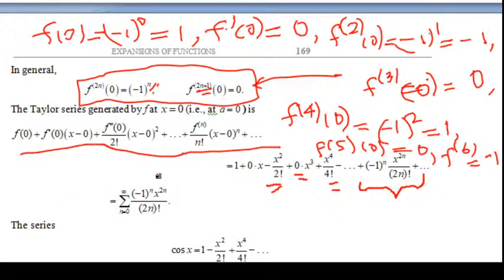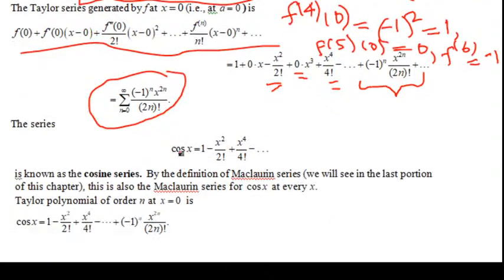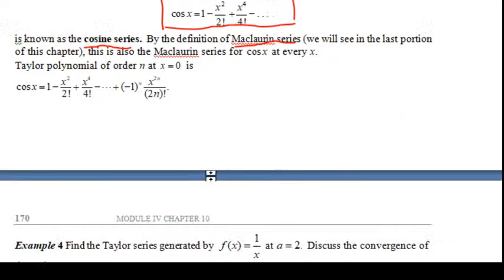So we can write it in a compact form like this: summation n equal to 0 to infinity, negative 1 to the power n, x to the power 2n by 2n factorial. This series is called the cosine series. Verify. We will see later that this is also the Maclaurin series.